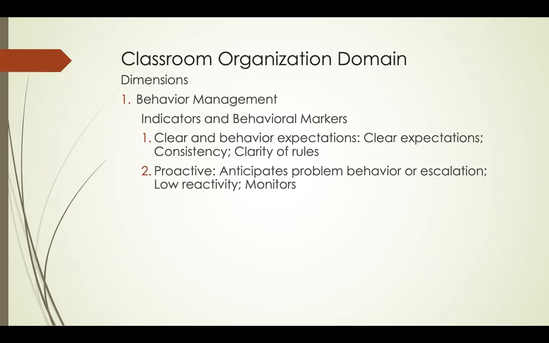And the other piece is monitoring the classroom, even if we are doing something else, we know what's going on on the other side of the classroom. And, again, because you form those relationships. So that first domain was about emotional support. So we formed those relationships with these kids. So now we know who the ones are, or which areas in the classroom are the ones to keep an extra eye on.